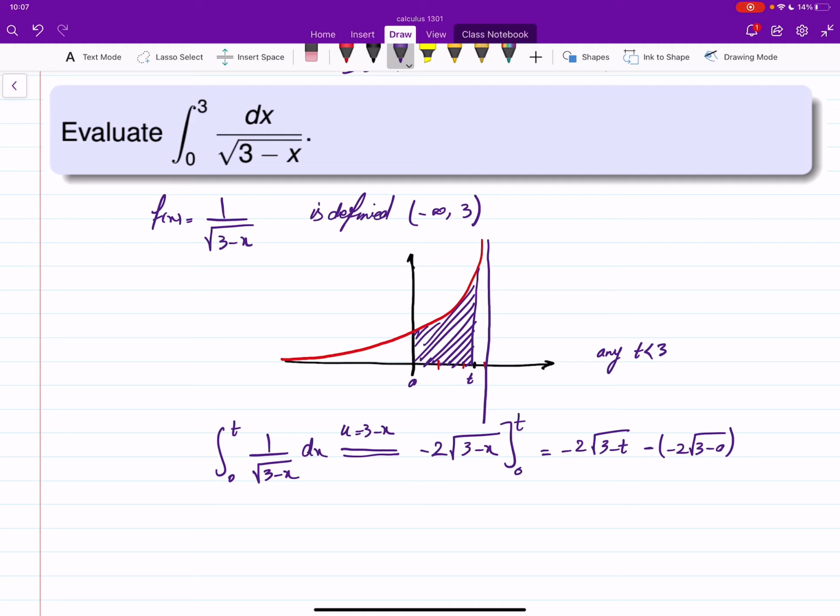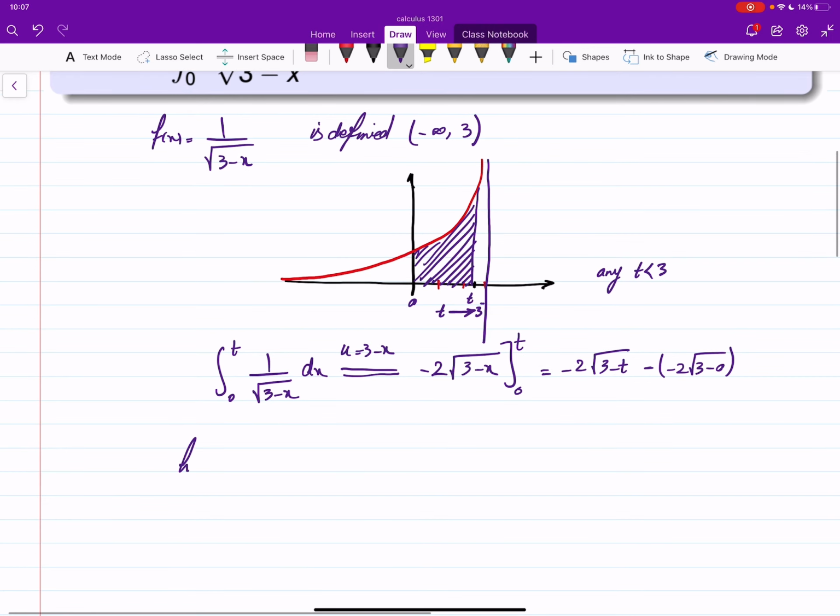Now, knowing the integral for every t less than 3, we let t go to 3 from the left, so that we can find the value.